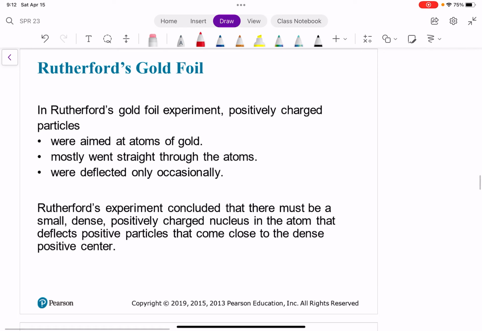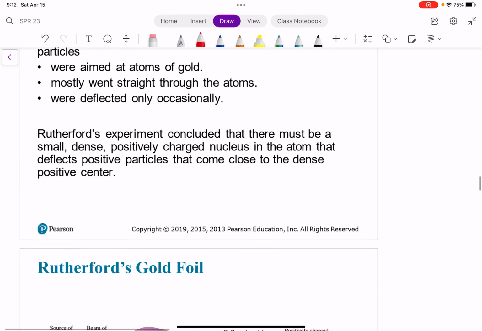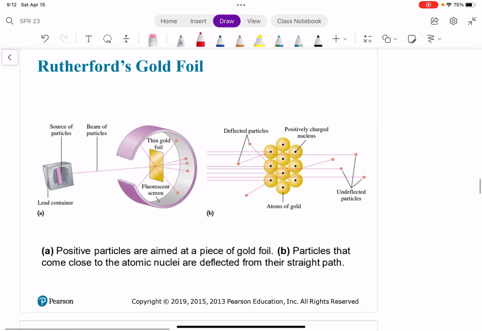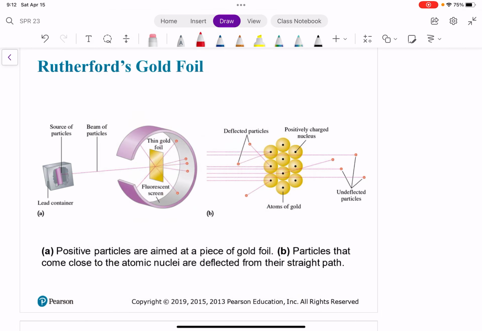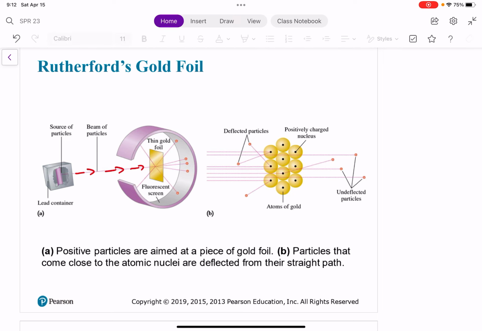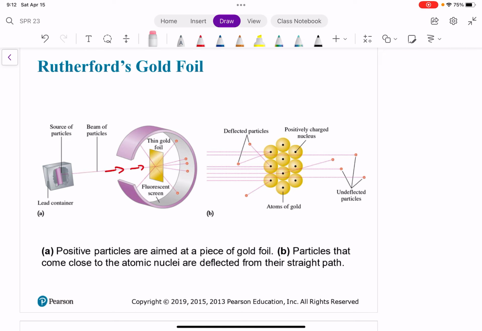Then there was another scientist, Ernest Rutherford, who worked with Thomson to test Thomson's model. He had a thin piece of gold foil, and he aimed a beam of particles towards the gold foil this way, right? Actually, let's represent them as little particles.